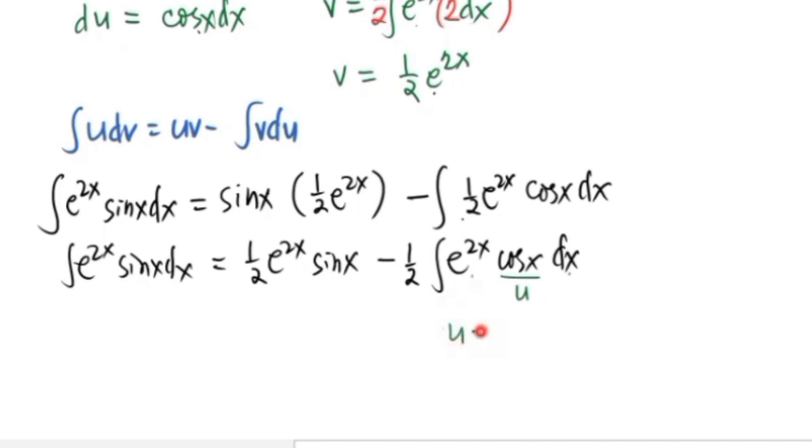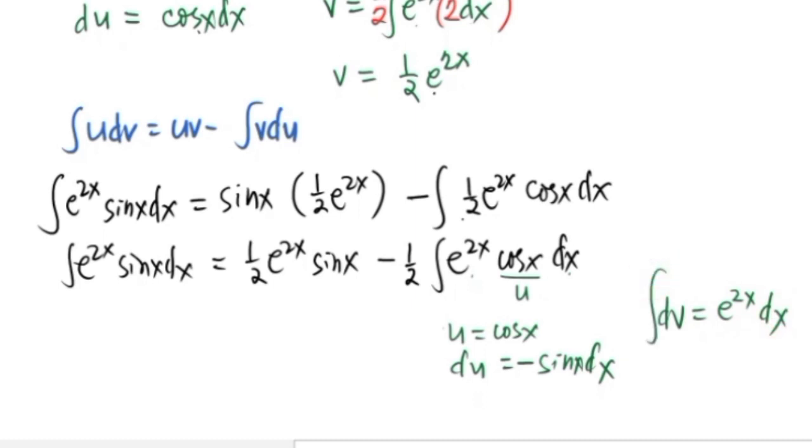So let u is equal to cosine x, then your du is equal to negative sine x dx. And your dv is equal to e to the 2x dx. So taking the integral of this, we have v is equal to, since pareho lang naman to siya sa kanina, the integral of this is 1/2 e to the 2x.